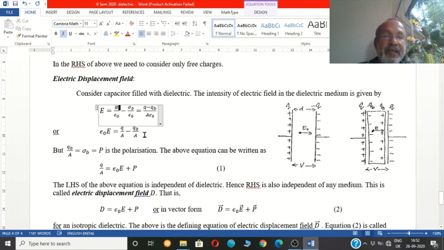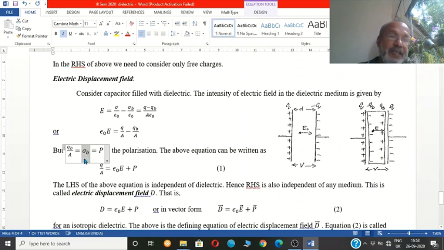Now let us take epsilon 0 to the LHS, then you will get epsilon 0 E, and on the RHS Q minus QB by A, which may be written as Q by A minus QB by A. This QB by A is sigma b, and when we introduced the polarization, we proved that sigma b, the induced or bound surface charge density, will be equal to the polarization P, which is the dipole moment per unit volume.